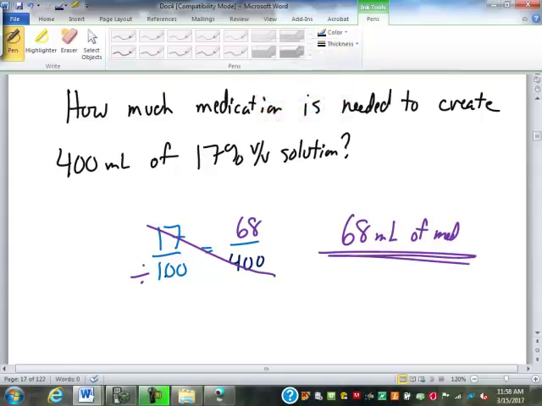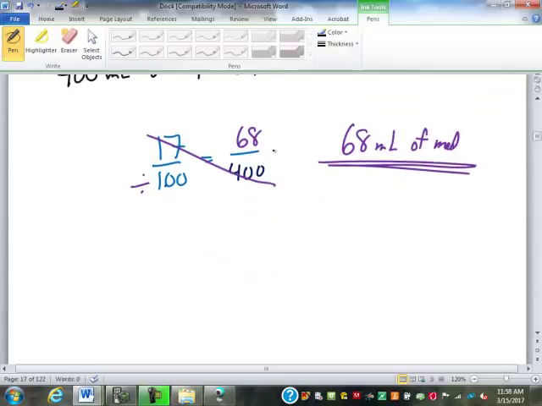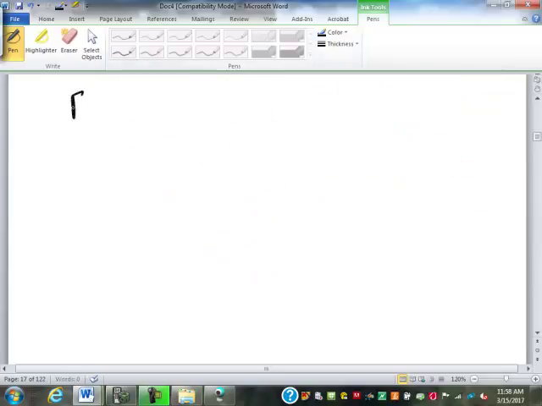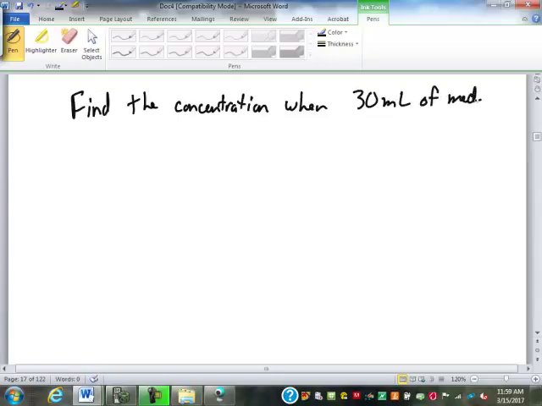So when we're dealing with a volume and volume medication, we cannot ask, find the concentration when 30 milliliters of medication is combined with 210 milliliters of saline.